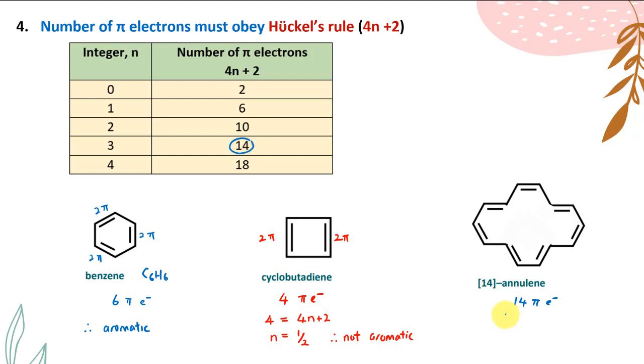If you apply Hückel's rule, 14 equals 4n plus 2, therefore n equals 3, which is an integer. So we can say this [14]annulene is an aromatic compound. Both benzene and annulene completely obey the 4 criteria: cyclic, planar, completely conjugated, and obey Hückel's rule.